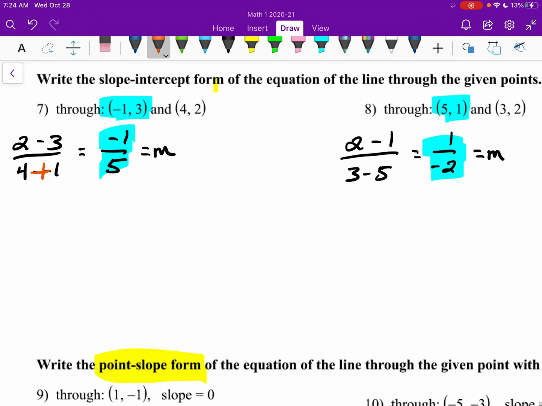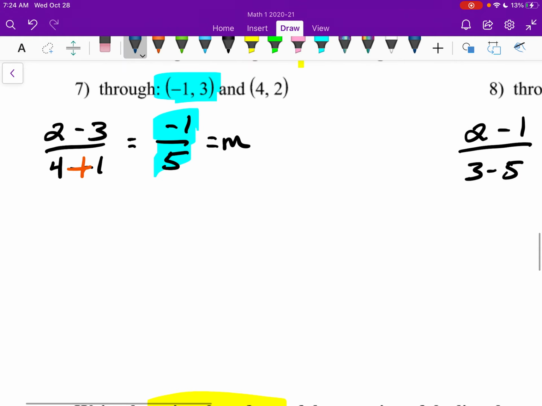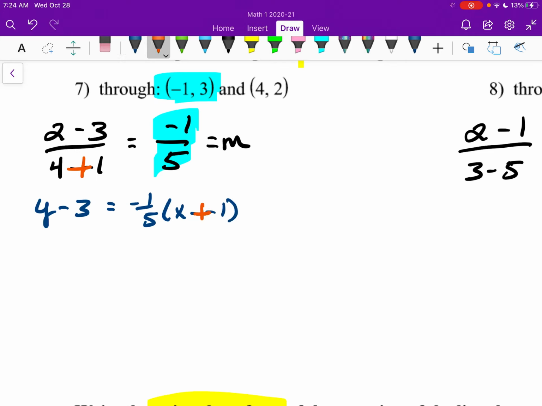So I'm going to work just number 7 now. I'm going to put it in point-slope form, so I'm going to have y minus 3 equals negative 1 over 5 times the quantity x minus negative 1. Those double negatives turn into a positive.